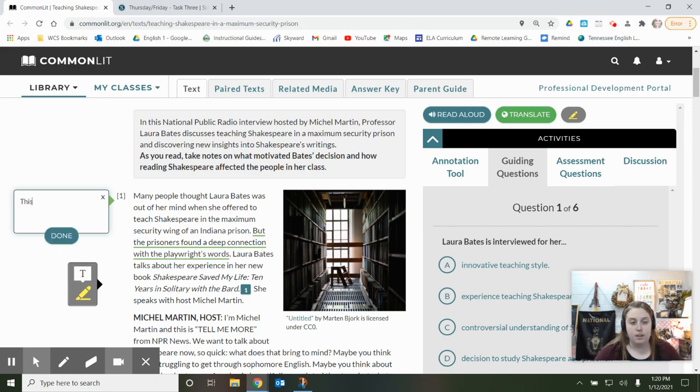Okay, so for example, this shows that Shakespeare was able to reach every type of reader based on his themes. Okay, so what I want you to do, every other paragraph, I would say, you need to have some type of annotations. For an article overall, you need to have at least 3 annotations.